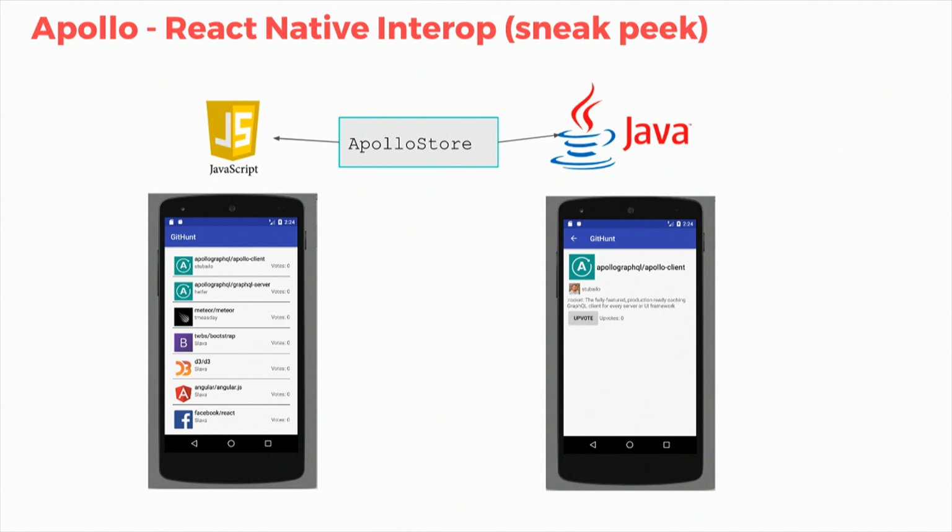Even if we use response normalization, we're going to see the same exact loading error of that video that I showed you, because traditionally, JavaScript and Java would not be able to share a cache. But because we've standardized on the cache format, we can actually write a React Native bridge that exposes the same Apollo store to the JavaScript client and Java, and you get all the benefits of caching, even across React Native and native.